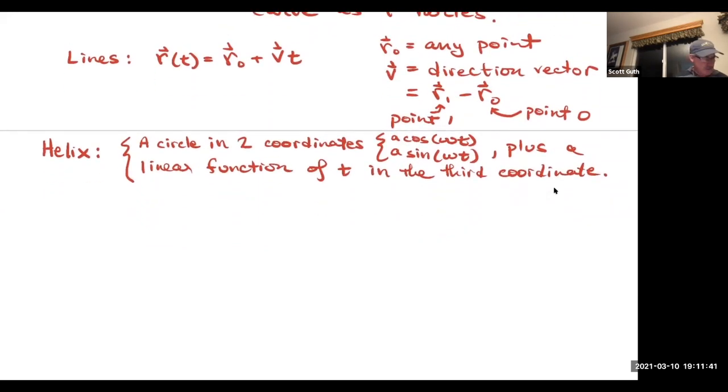So let me just give you a quick little example of this. Okay, so my R of t is going to be 1 over pi times t, comma, cos t, comma, sine t.